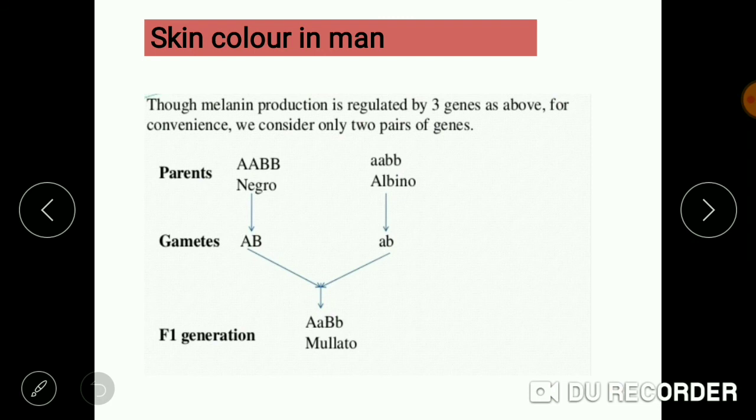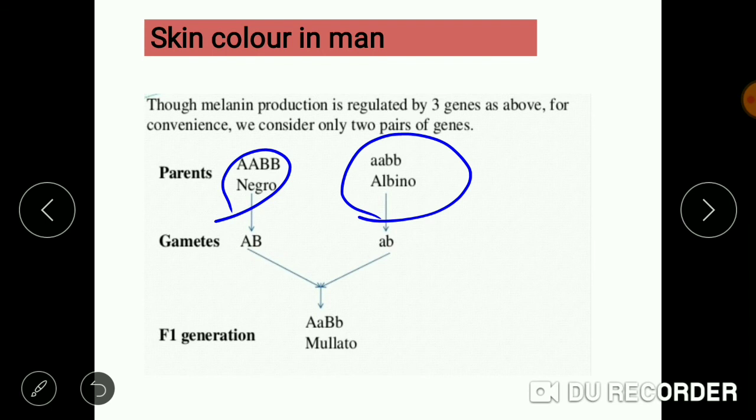Now here we have taken the skin color in man, and the crossing is being done between the Negro and the albino. The Negro having the dark complexion and albino having the fairer complexion, the white complexion. So Negro is represented by capital A, capital A, capital B, capital B, and albino as small a, small a, small b, small b.